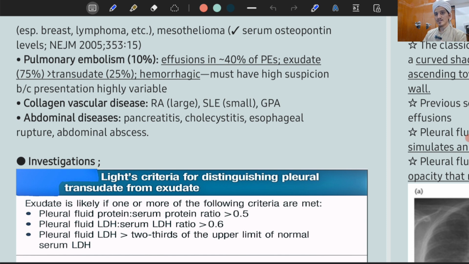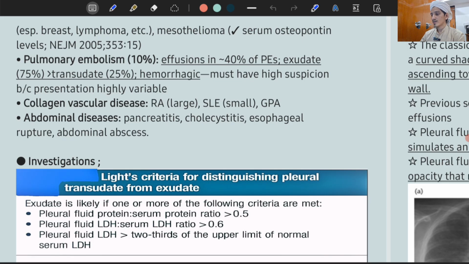The second common cause is malignancy. Then pulmonary embolism is the third common cause. Fourth is connective tissue disorder. Fifth is abdominal pathology. Okay, these are the 5 common causes of exudative pleural effusion in order.